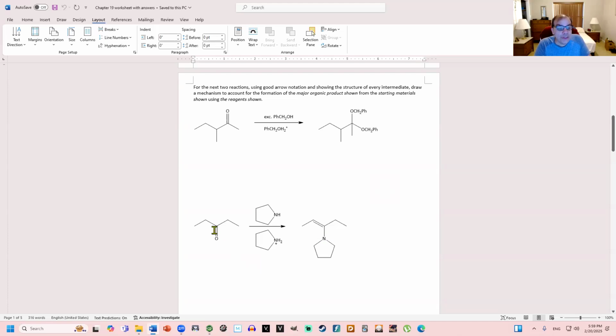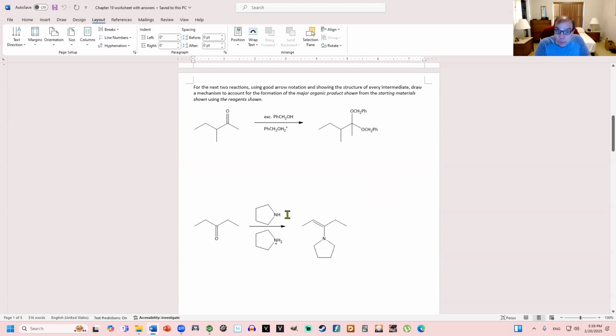The second question involves taking a ketone and treating it with now a secondary amine. Before we had a primary amine, this time we have a secondary amine and its conjugate acid. So once again, we're under acidic conditions. One of the species we're given is a cation that is not a metal cation.